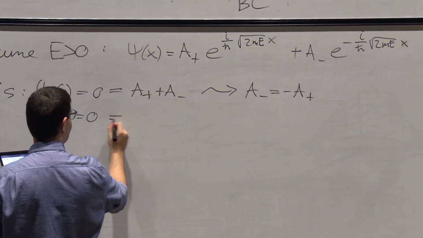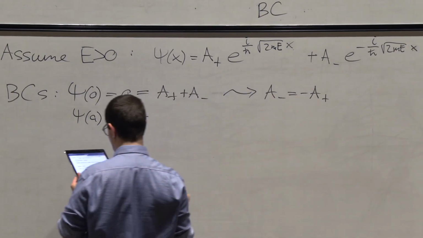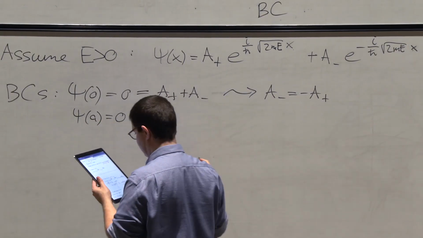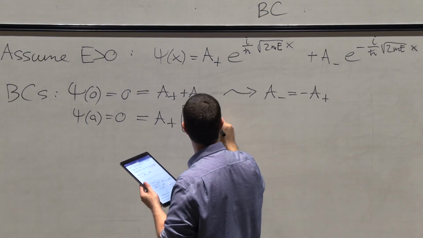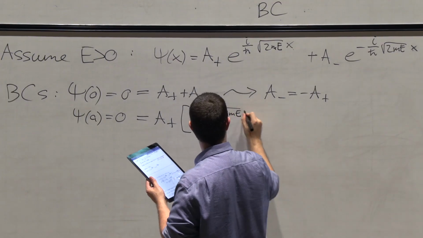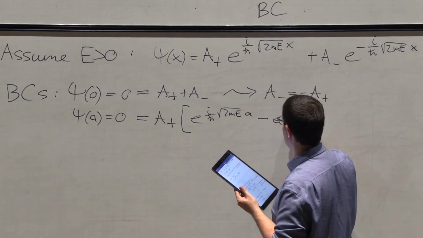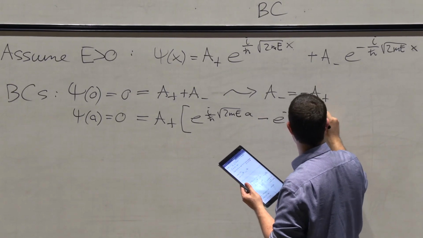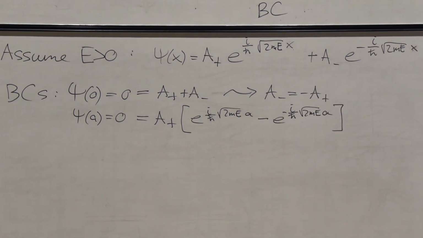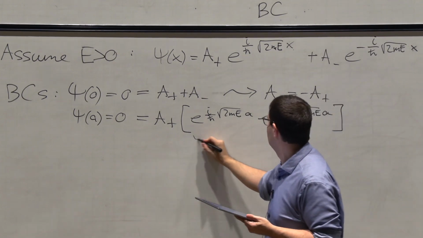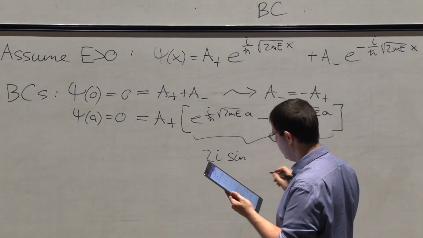And now we can plug x equals a in here and use this relation to get a plus times e to the i over h bar square root of 2mE a minus e to the minus i over h bar square root of 2mE a. And in here, you recognize sine, right? So this is 2i sine of the argument.